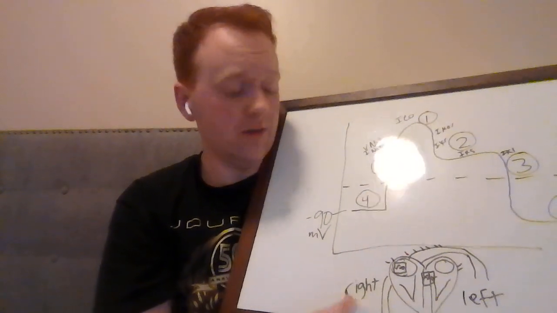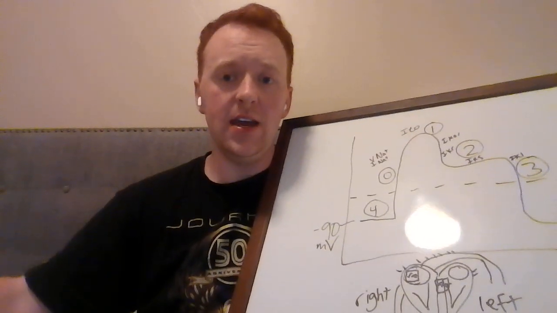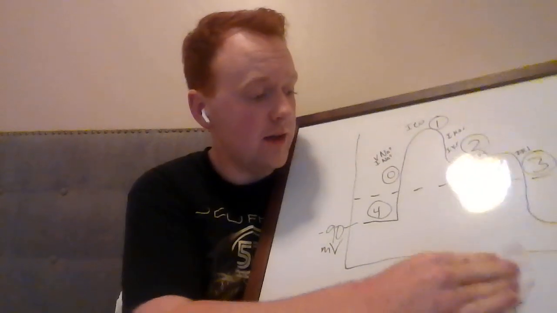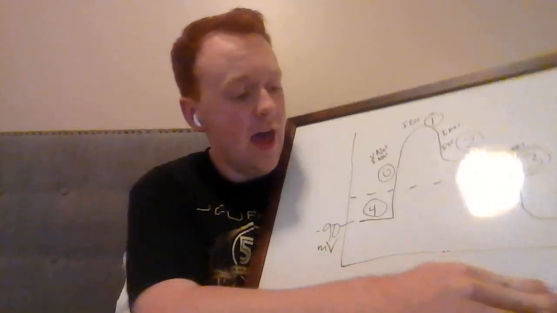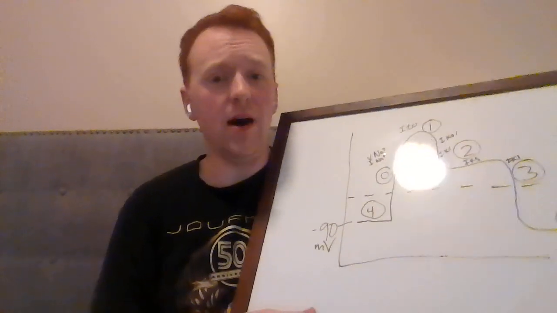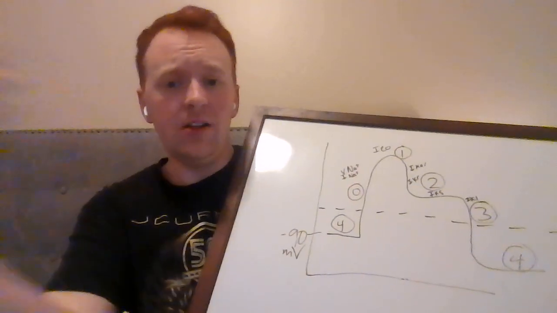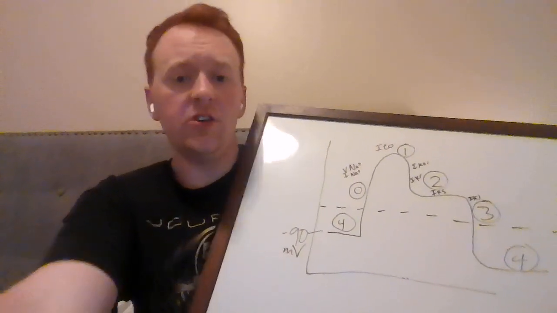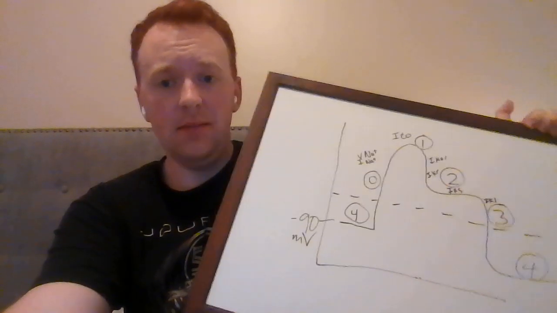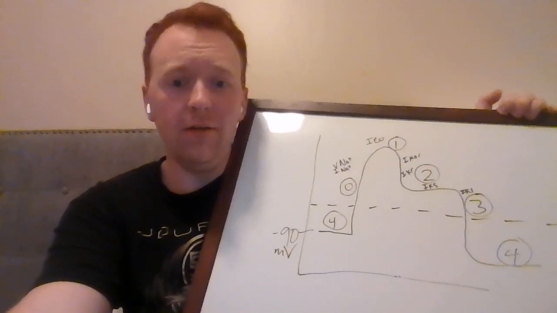First of all, we are going to talk a lot about the action potentials in the cardiac ventricular muscle and the SA node. The first part, we're going to talk a little bit about the cardiac ventricular muscle action potential. This cardiac ventricular muscle is the contractile cell. It's the muscle that actually produces force of the heart.